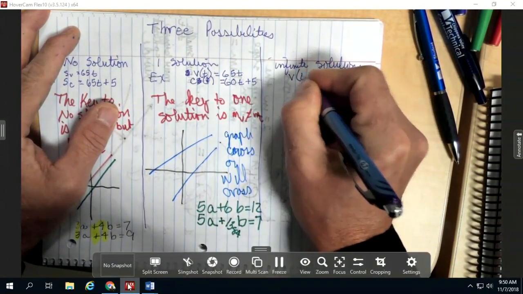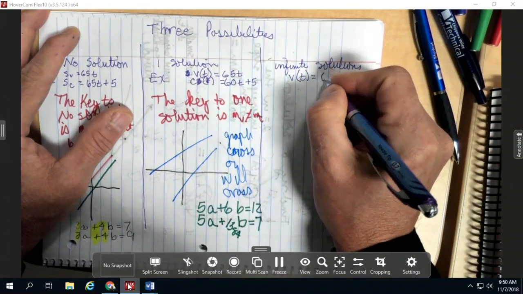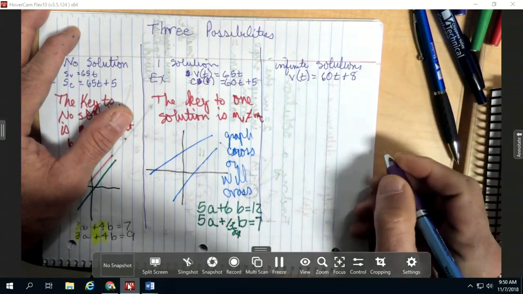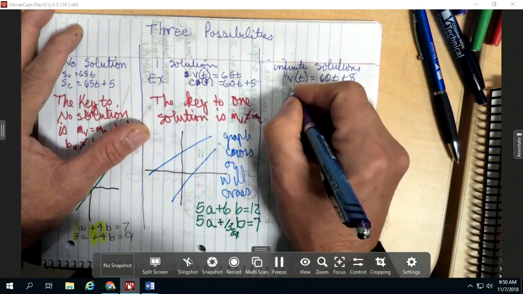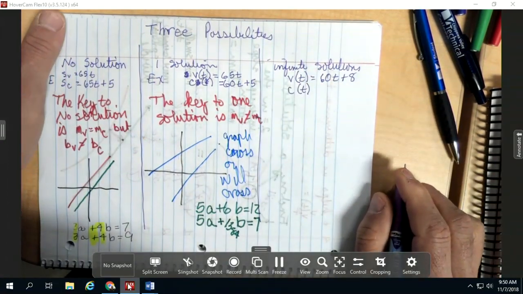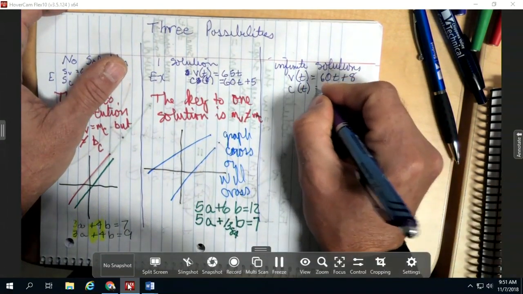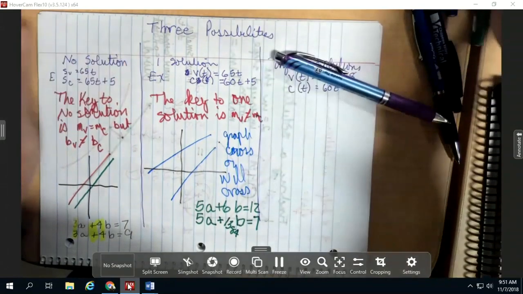Example, v of t is, let's make it 60t plus 8, because they didn't give us a specific one. C of t is, what did we just say has to be true? So it has to be 60t plus 8.